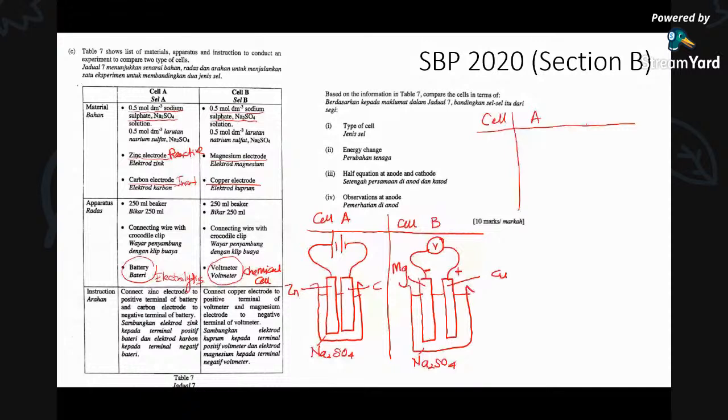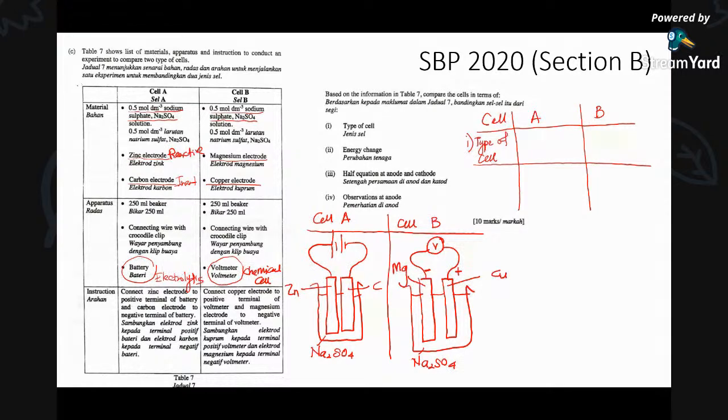Okay, in exam you use table. Okay, so cell. So write down type of cell. So you cannot draw your table without this cell and type of cell.